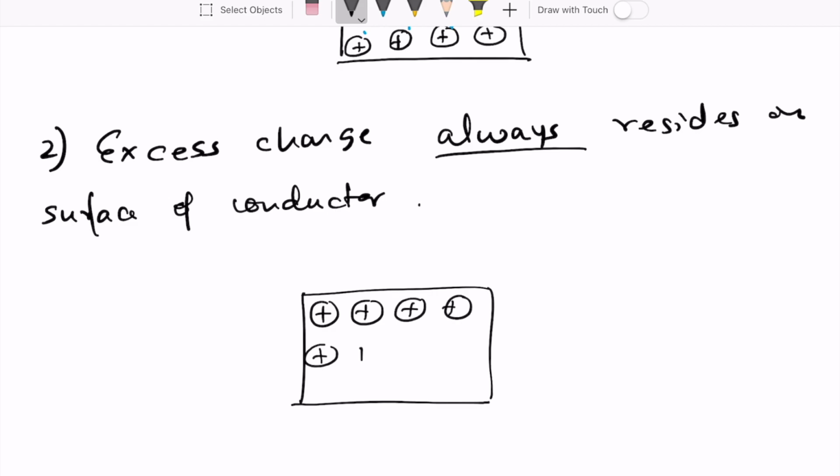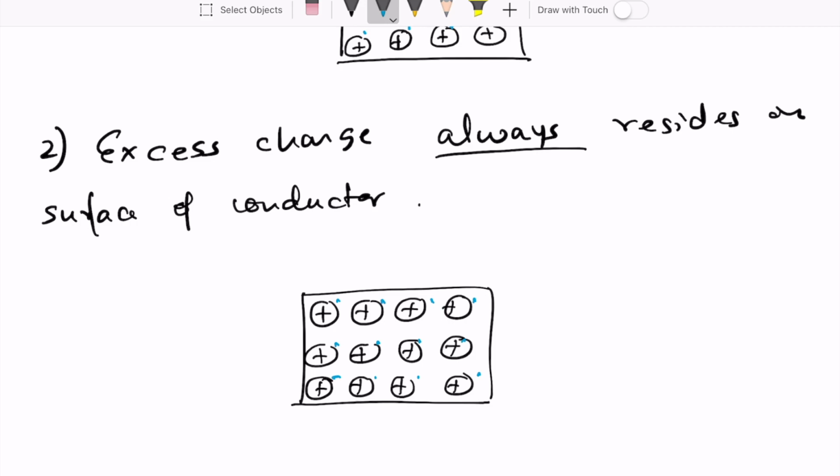Just draw the block again. These are the atoms of the block, and there are also free electrons. So these blue dots are the free electrons, and what you just did was you transferred some excess electrons to this block.